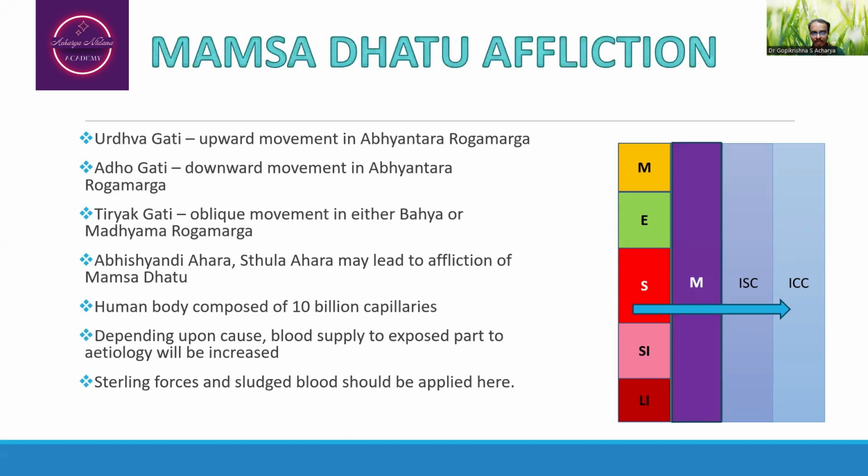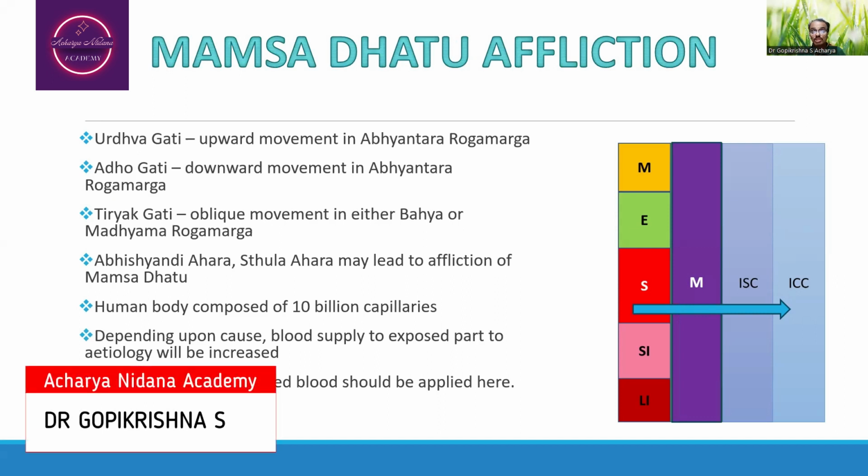Let us take one example regarding this. In the text, it is mentioned: Abhishyandini bhojjani sthulani cha guruni cha mamsavahini dushyanti bhuktva cha swapatam diva. When you think about it, two Nidana, or causative factors, are mentioned. That is Abhishyandi Ahara, such as curds or fish intake.